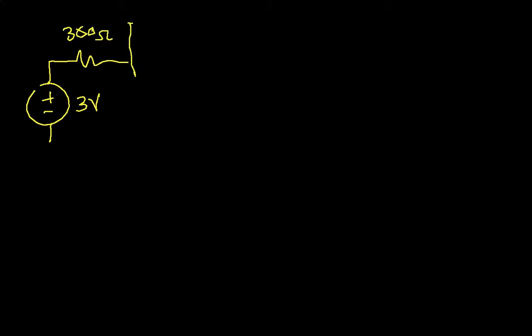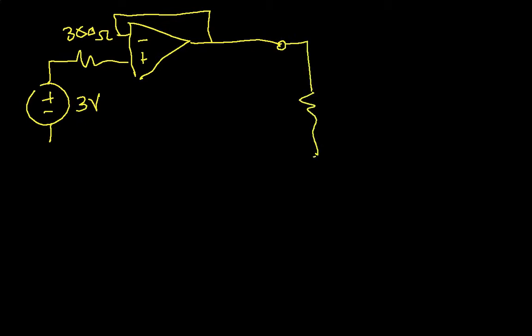This goes into the non-inverting input. The inverting input is connected to the output, and this is connected to, if I remember correctly, a 1K ohm load, and we want to find this output voltage.